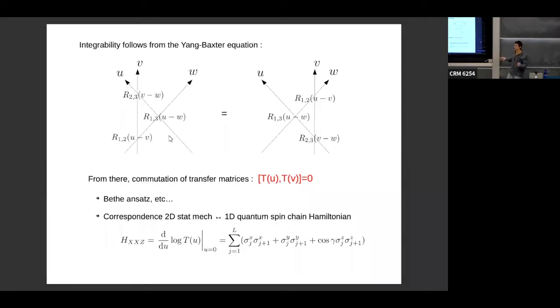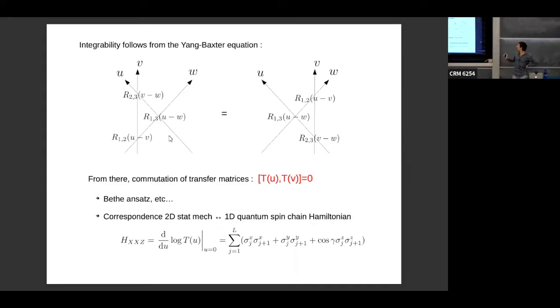And this is interpreted as a quantum Hamiltonian. So it's the Hamiltonian of a 1D system, a quantum spin chain, corresponding to the six-vertex model. It's called the XXZ Hamiltonian. And you see that the anisotropy parameter enters here as a coupling.